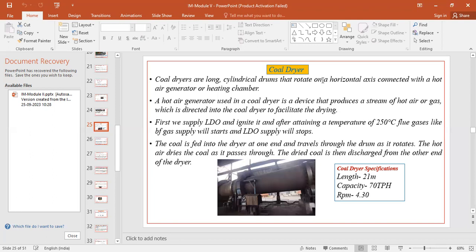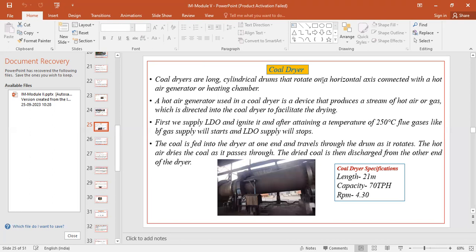The LDO is used for burning only at the starting stage. Once you reach the required temperature, the LDO supply is stopped and BF gas is sent instead.